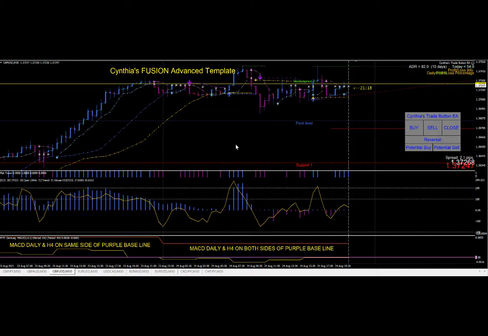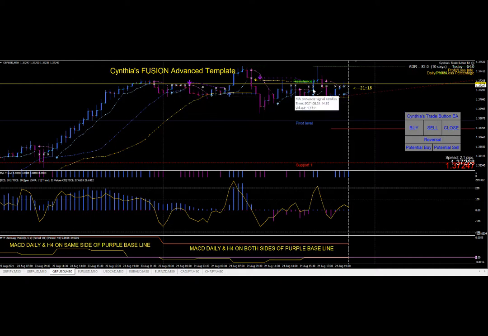And we can see that it's a range day because the three colored Bollinger Band trend lines are very tight together, and also we have a lot of white X's which show you consolidation.